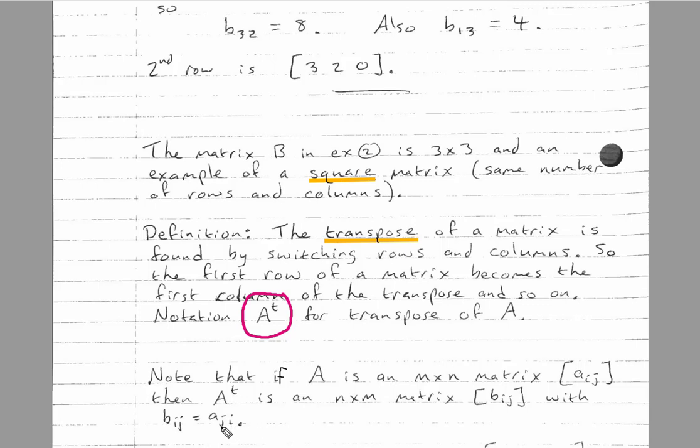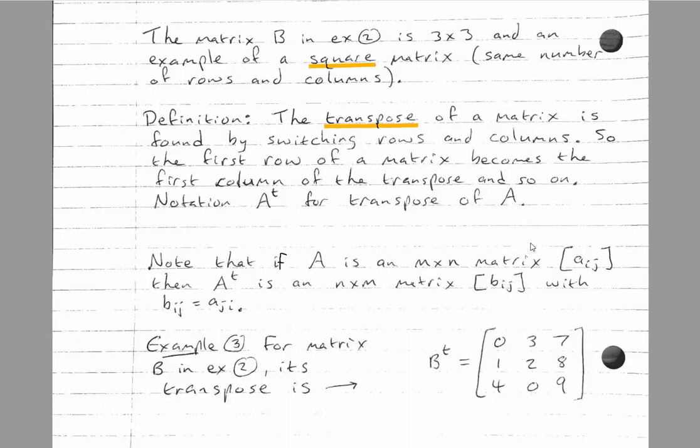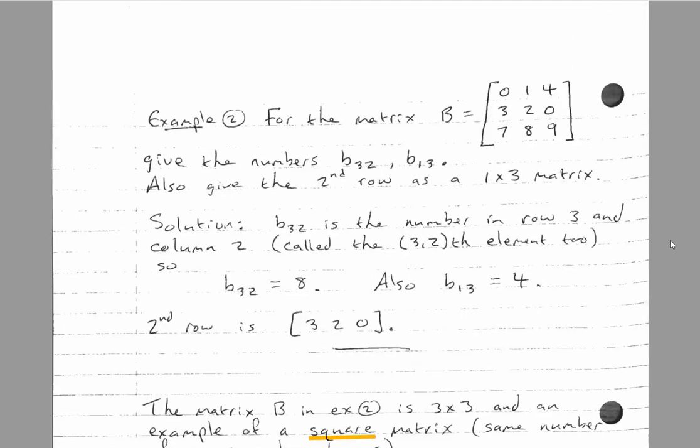So the indices, these numbers get switched. Alright, that sounds complicated, but we're just switching rows and columns.